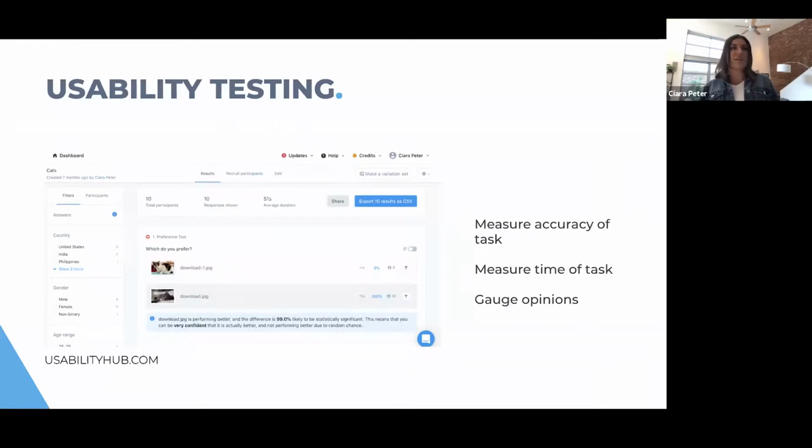What I've seen is really companies with fewer than 10 designers, it's very hard to make the case for usability testing or a dedicated team.